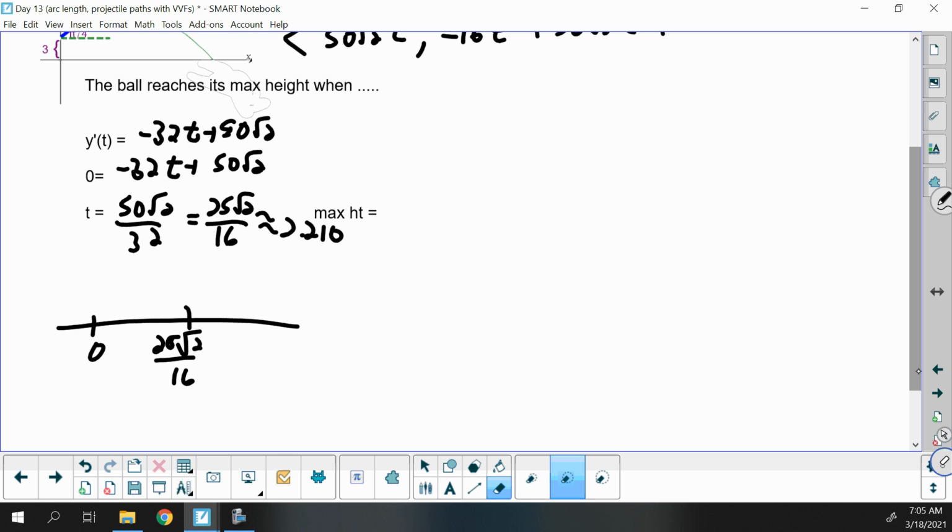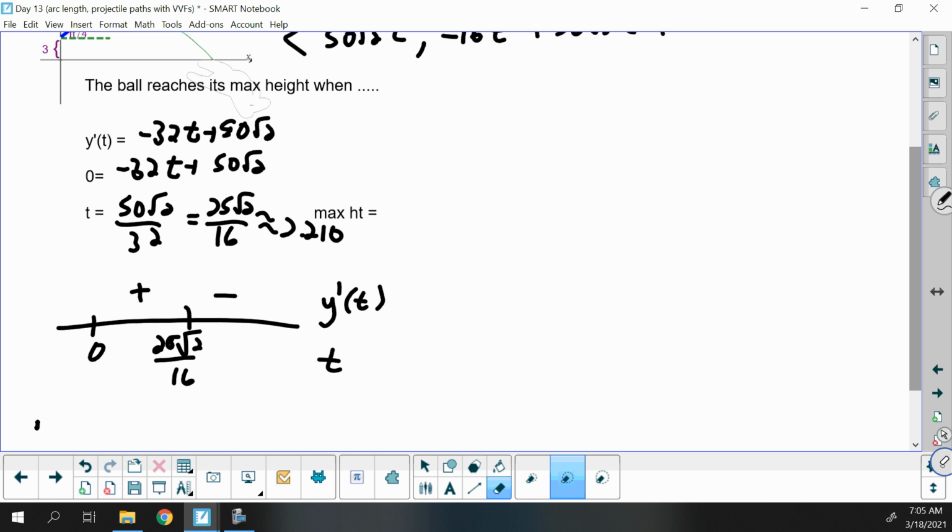So our derivative of the y component is linear with a negative slope. If you're linear with a negative slope, on the left you should be positive, on the right you should be negative. We should put our labels on of y prime of t, and this is t.